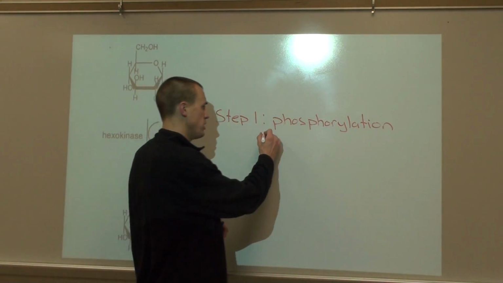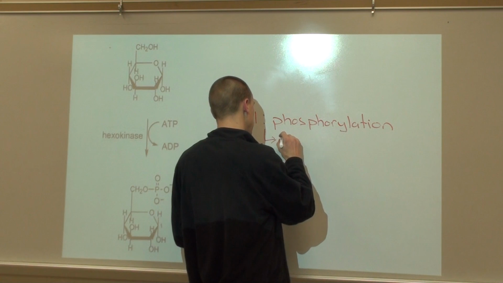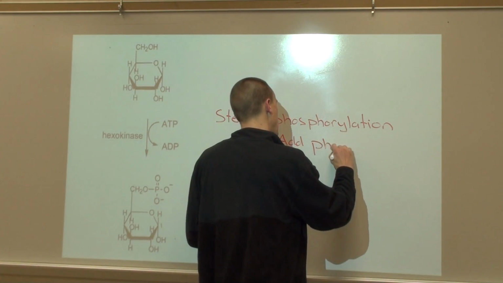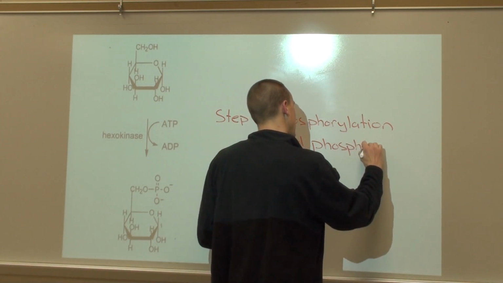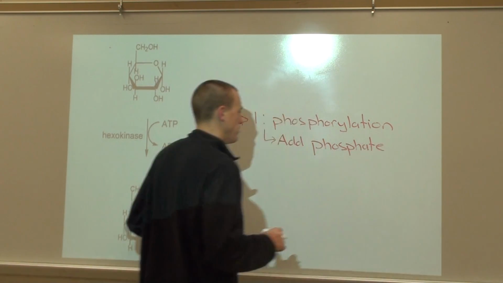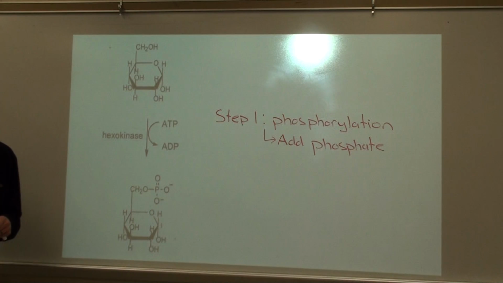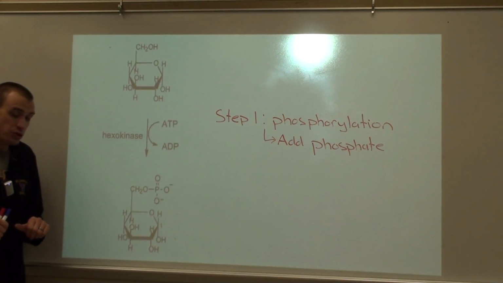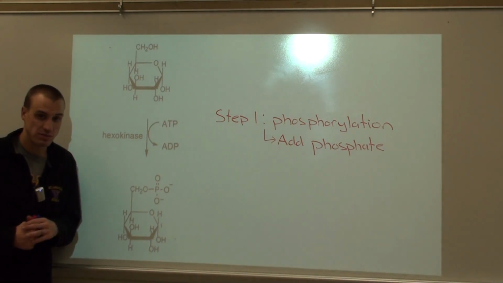So all we're doing is adding a phosphate. And so when we add a phosphate, we end up producing glucose 6-phosphate.